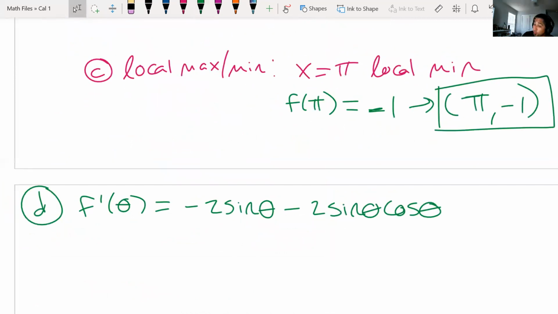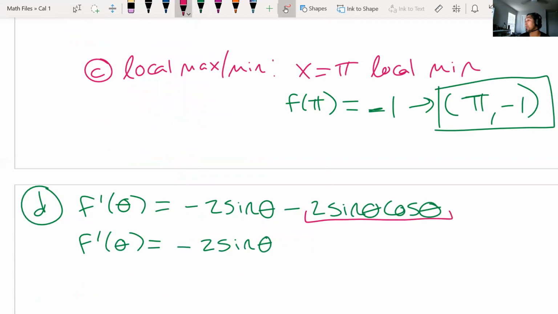And now, before I take the second derivative, I'm going to rewrite this using identities to make our life a little nicer. -2 sine theta, this 2 sine theta cosine theta becomes the double angle formula for sine 2 theta. And that will make the derivative a lot easier because we don't have to use product rule now.